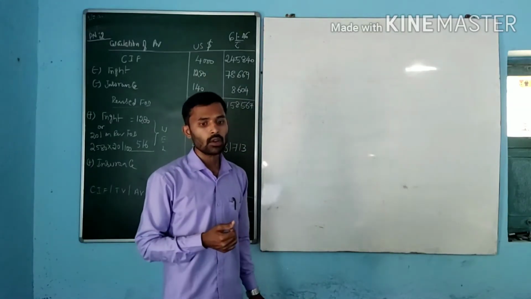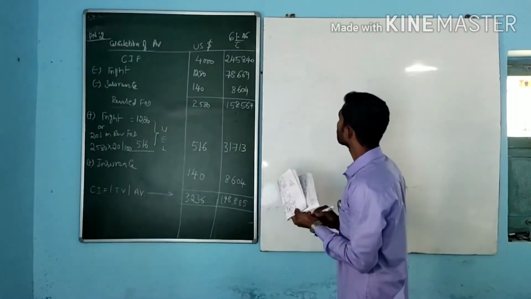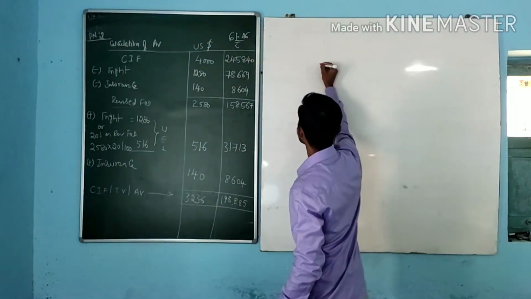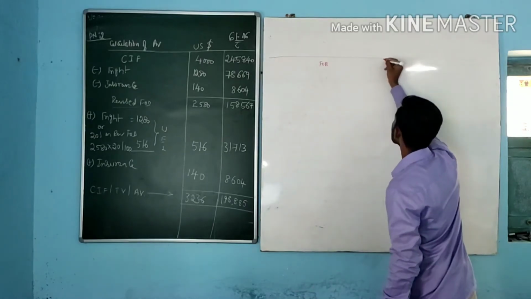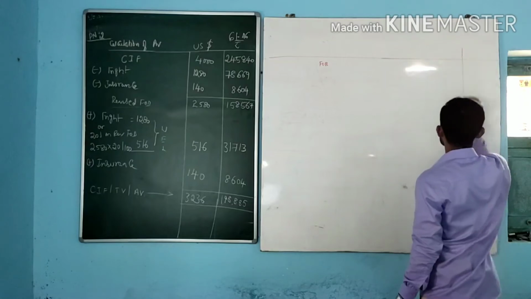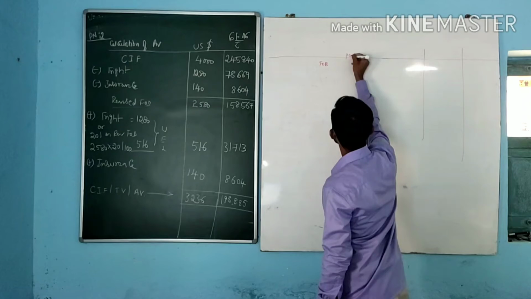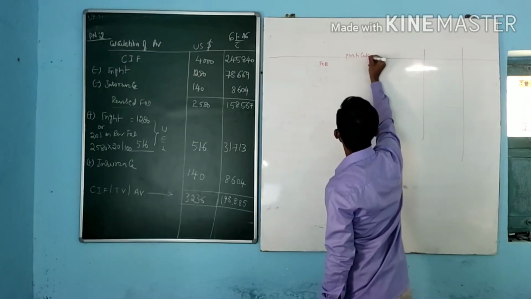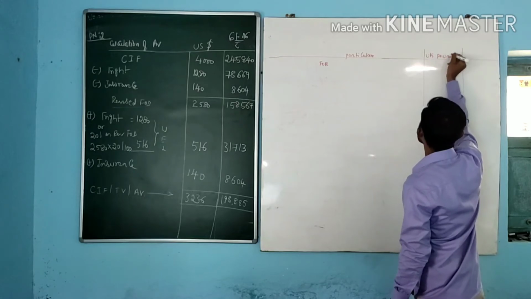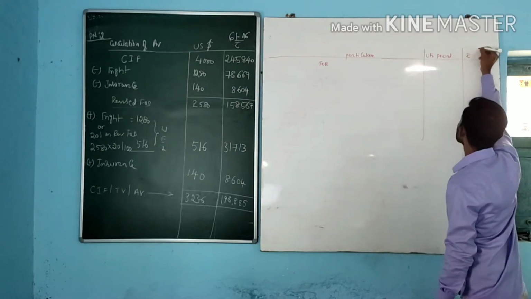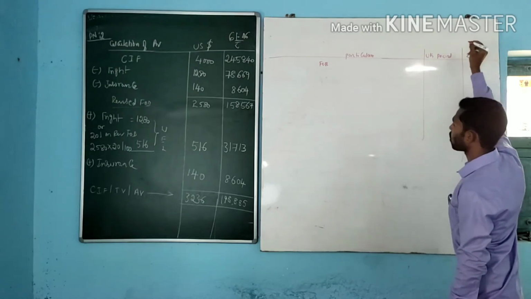Right? See one by one. The first one is the value of the machine. It is a FOB value. Take it under FOB. So you write the proper format: particulars, UK pound and rupees. What is the rate? That is 68 per UK pound.